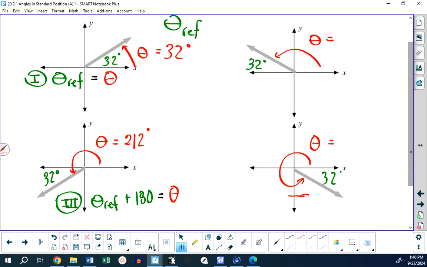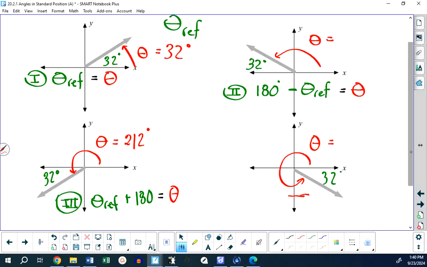Yeah? Okay. If we happen to be over here in quadrant 2, what's the relationship between the two? Well, you have to take 180 degrees and subtract the reference angle to get the rotation angle. And by the way, there are other ways to write these things.